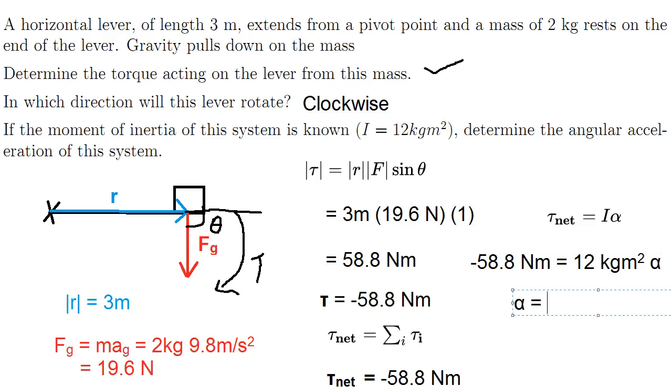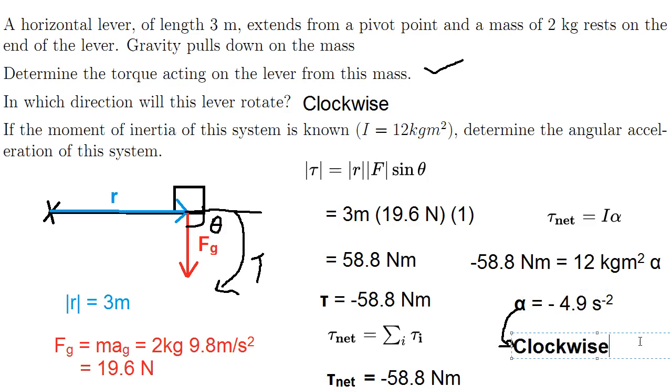So putting this all together, alpha is again a vector quantity. We're going to use the exact same sign convention, but alpha will be 4.9 seconds to the negative 2, or 4.9 hertz squared, however you want to write it, but it will be negative. And what this tells us is alpha here is, again, clockwise, because it should reflect the net torque.